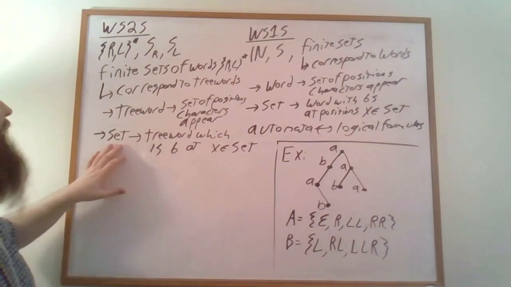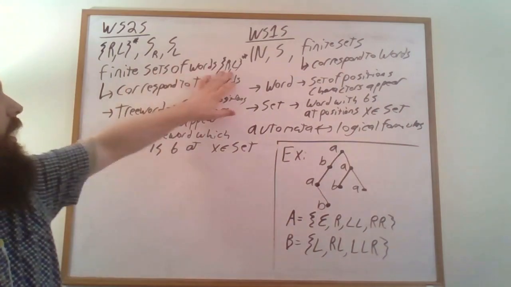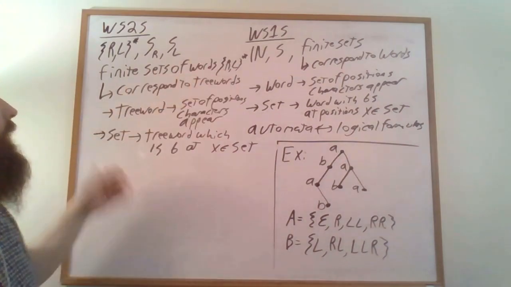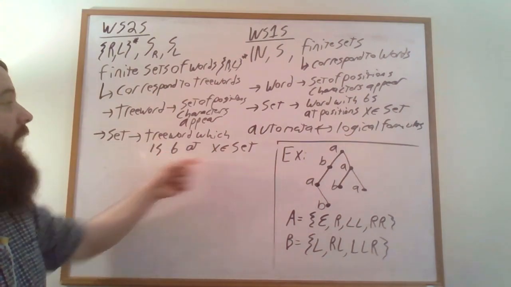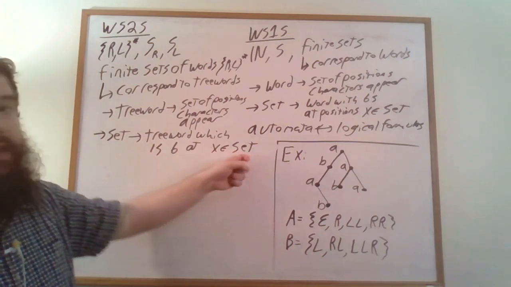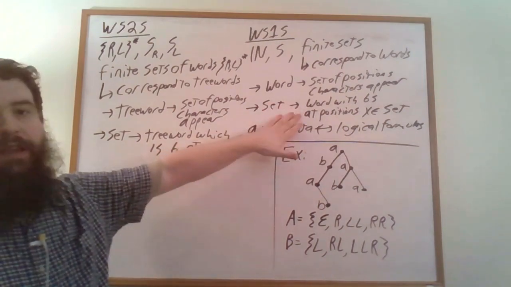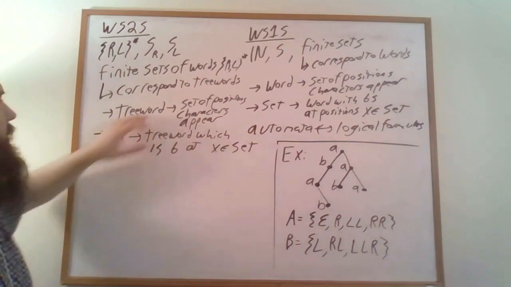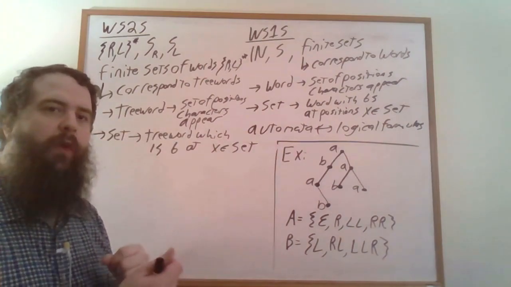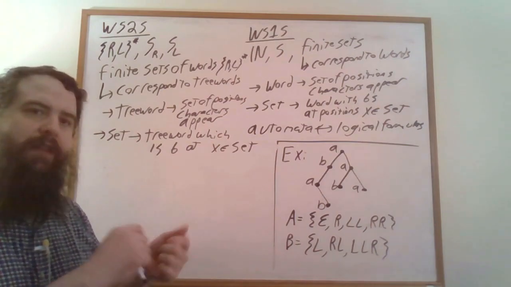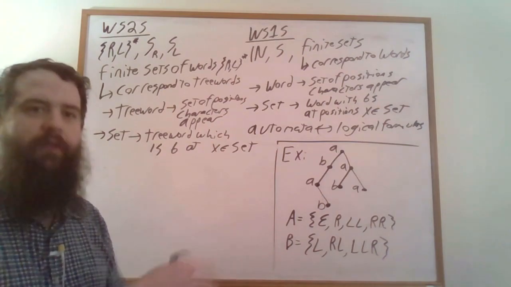If we have a set of words on R and L, we can translate it into a tree word, which has a B at positions X which appear in the set, just like we did over here. It's not a reverse of this translation, but it's a good enough translation back and forth that we can translate the logic back and forth.